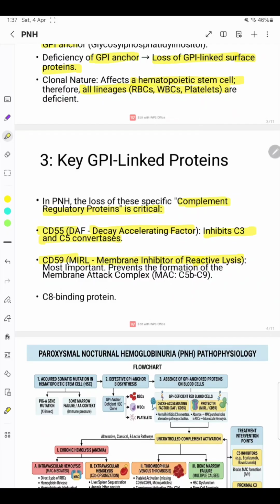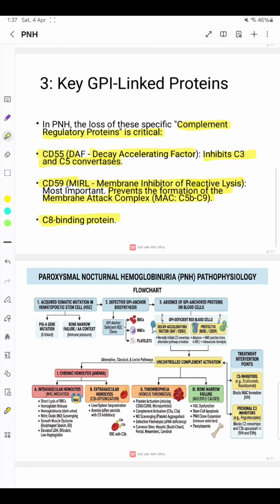This prevents the formation of the membrane attack complex. The third GPI-linked protein which is deficient is C8 binding protein. Due to their deficiency, there will be abnormal activation of the complement and there will be hemolysis.